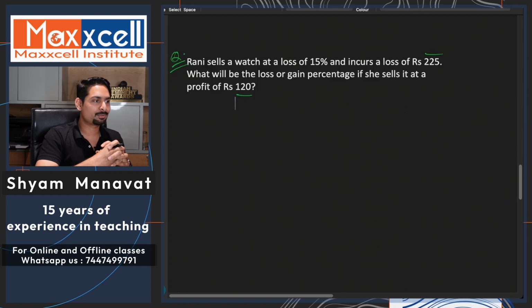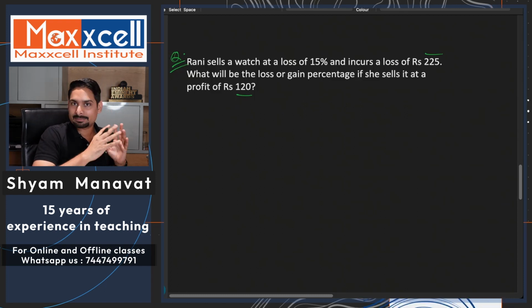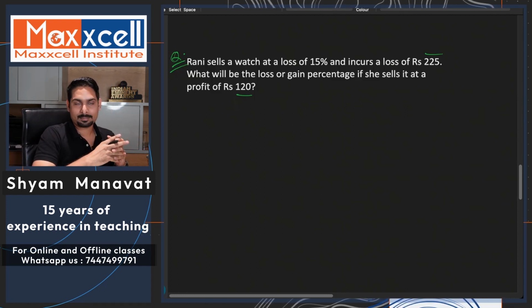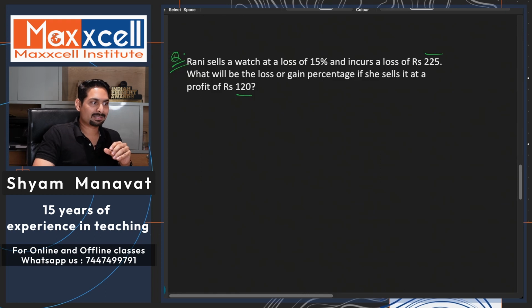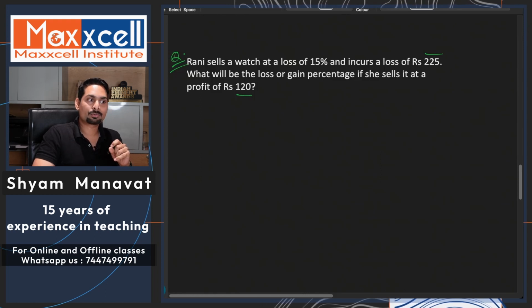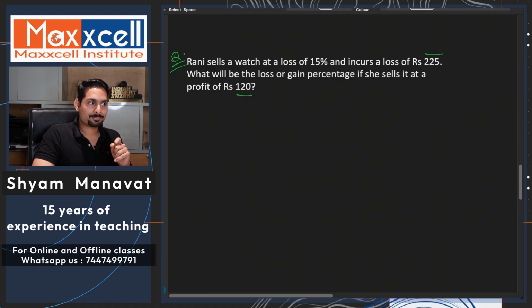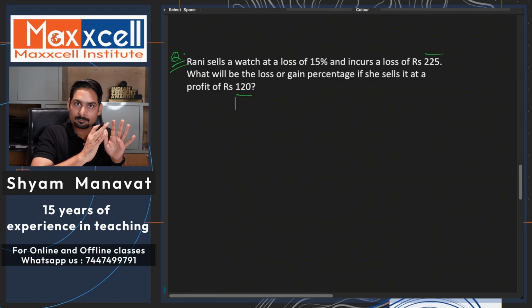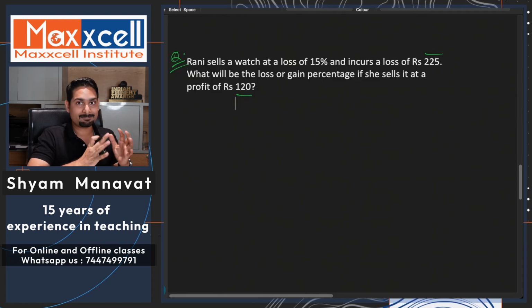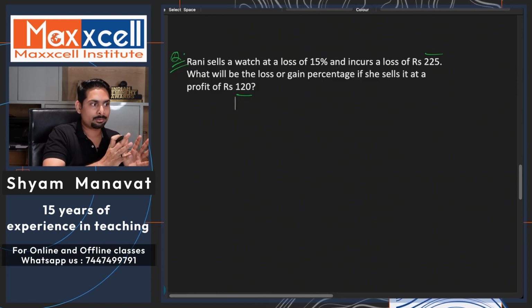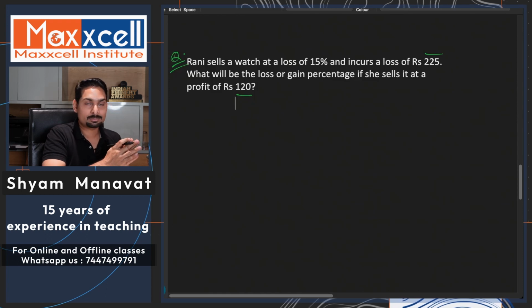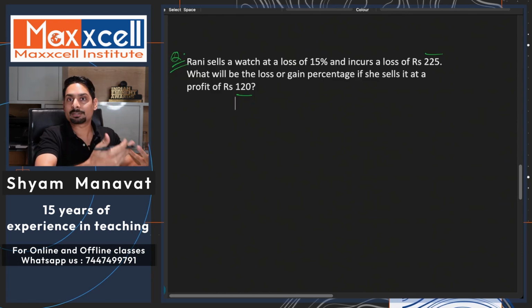That's a really beautiful question. You don't have the selling price given directly. It says incur loss of 225, and here loss percent is 15%. Now from this fifth lecture onwards, you need to be a little flexible to use the percentage and to have different methods of solving questions.